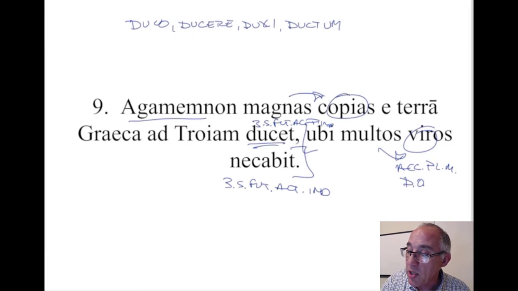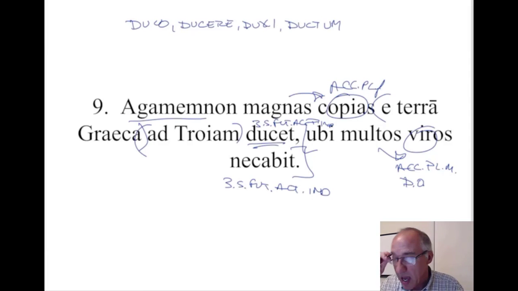Copias is your direct object, accusative, plural, feminine. Aetera Graecia is a prepositional phrase. Ad Troiam, prepositional phrase. Agamemnon will lead the great armies. Aetera Graecia, from the Greek land, ad Troiam, to Troy. Ubi, and now we get the rest of the sentence, he will kill many men.